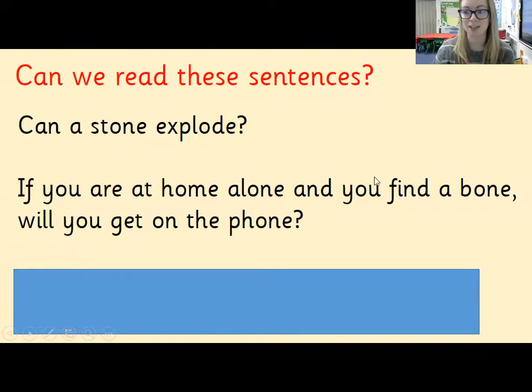It's making the I sound here. This one's tricking us. I find a bonnet. No, that doesn't sound right. Bone. That's much better. Will you get on the phone? So if you are at home alone and you find a bone, will you get on the phone? Oh, what a long sentence. Lots of rhyming words in there as well.